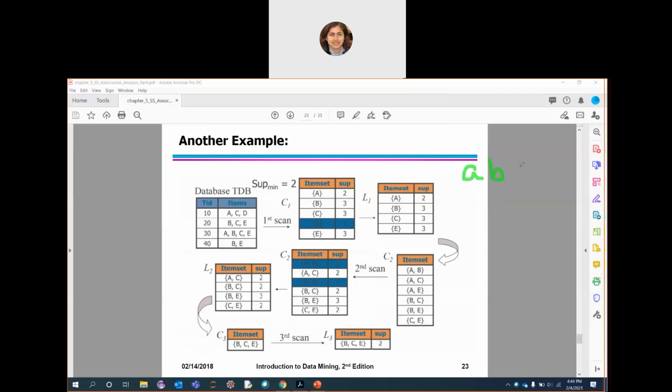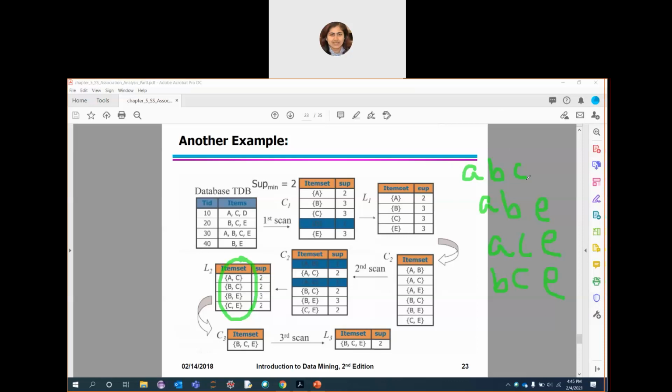So I'm just considering the 3 item sets from this part. ABC, then ABE, ACE, then BCE. Correct? So if we have all these 4 combinations, why are we only considering the BCE?